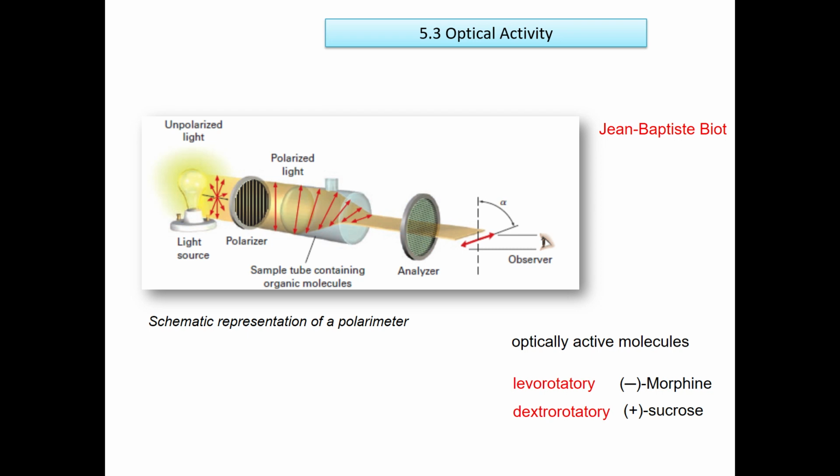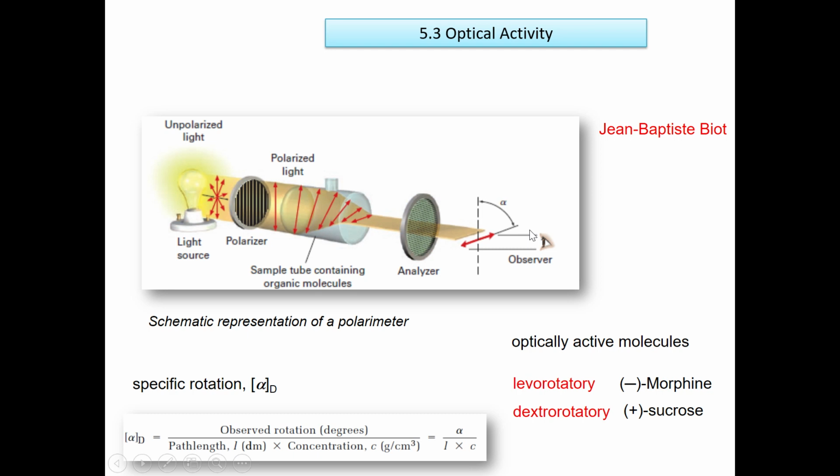That's not true. It depends on a lot of things. Okay, the only thing that we can say is that if the minus morphine is levorotatory, the plus morphine will be dextrorotatory. The other enantiomer of the morphine will be the opposite.